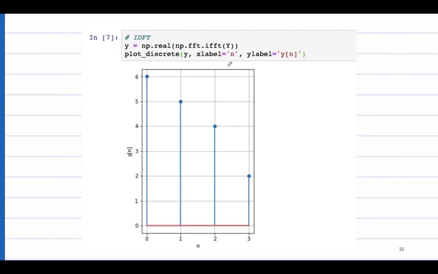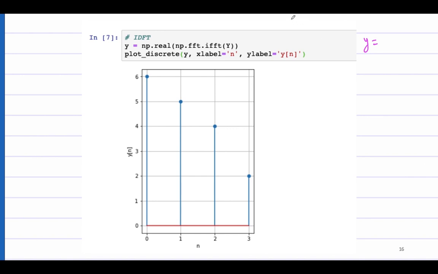And then I computed the inverse Fourier transform of capital Y. Why have I taken the real part here? Because ideally Y should be a real thing. If you remember, for a real signal, the magnitude of the Fourier transform is an even function.